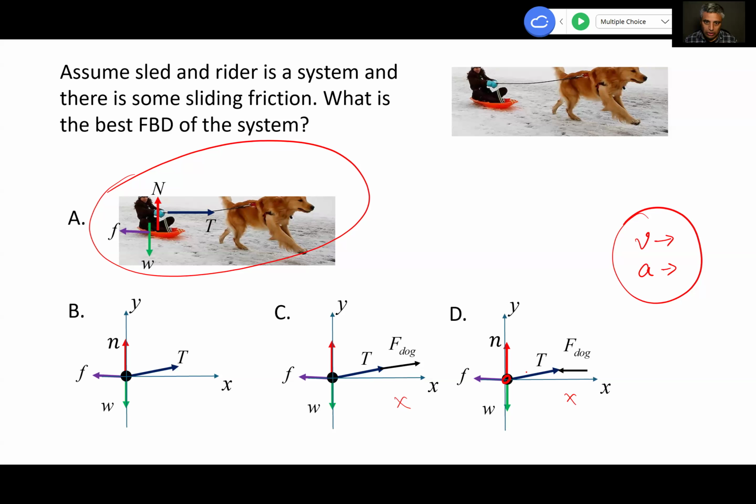Okay, they don't go in Newton's law equation, which says the sum of the forces in a particular direction is equal to mass times acceleration in that direction. So to keep track of motion, we may draw acceleration and velocity on the side somewhere, but not from the dot, not from the object of interest, because they are not forces.